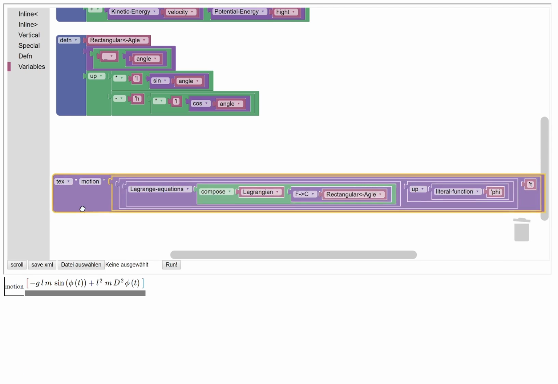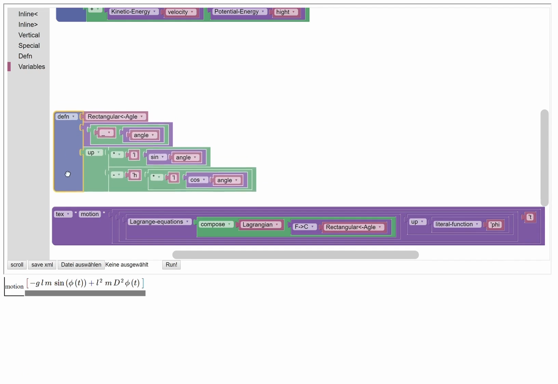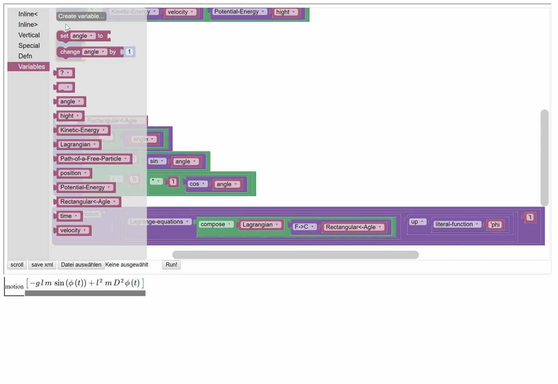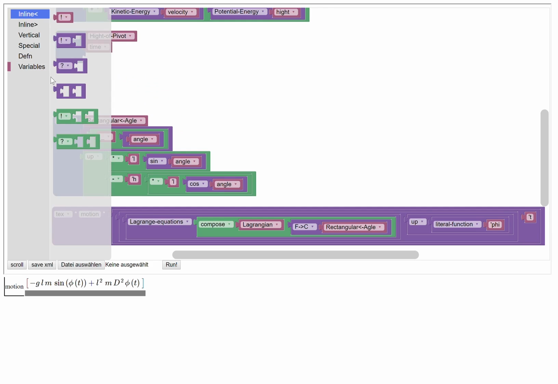In the last step, I introduce the function height of pivot as a driver to the pendulum. It is an arbitrary function of time.